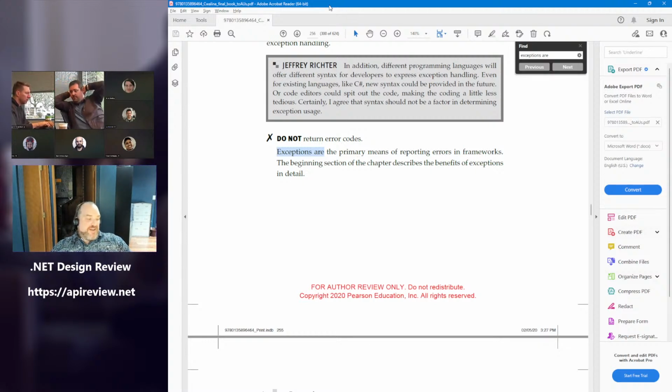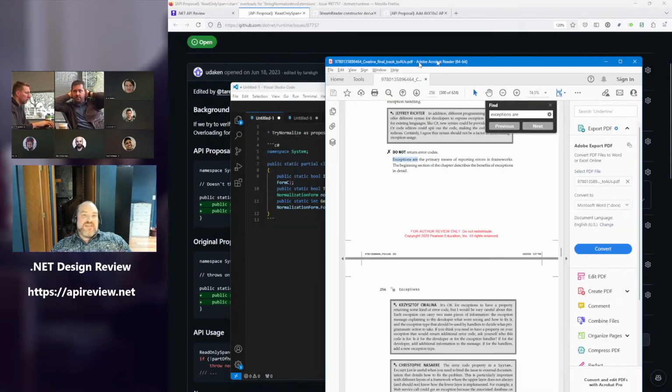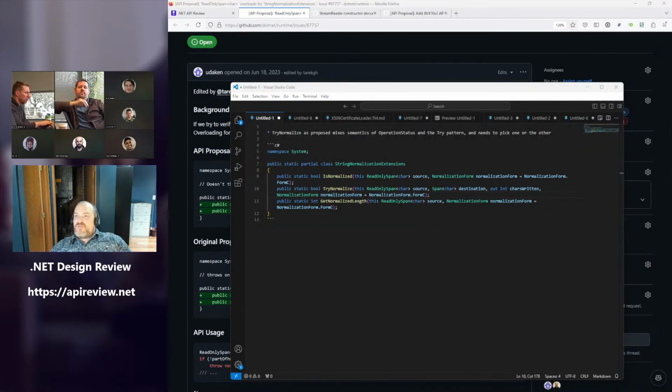We add things like the try methods when this is the one common case, we need to move on, and maybe you can do something more clever than throwing an exception yourself. I've not heard a description here other than you're going to abort the process. So you're going to abort the operation, which means it's an exception. We don't want everyone inventing their own way of doing things. That's why we have this meeting.